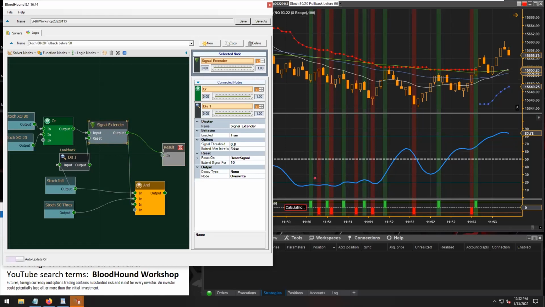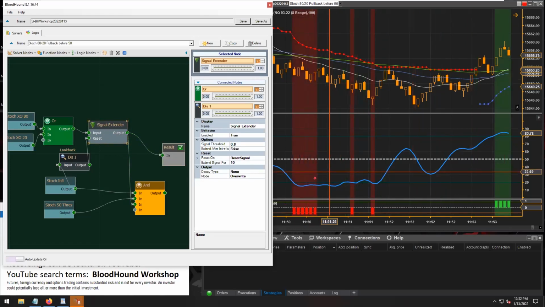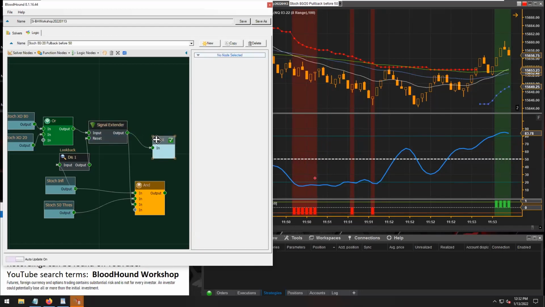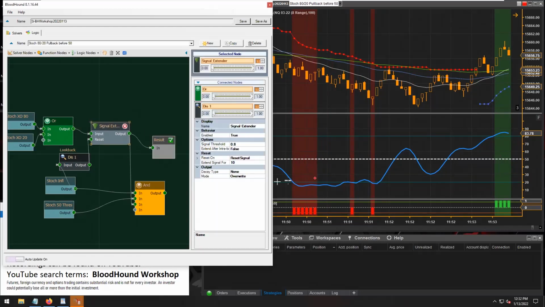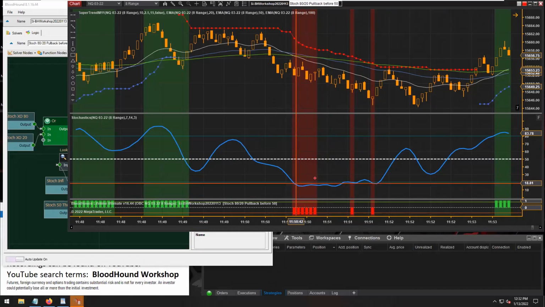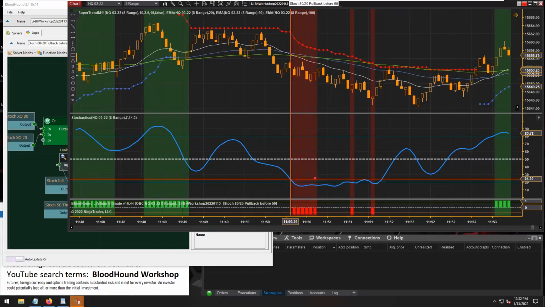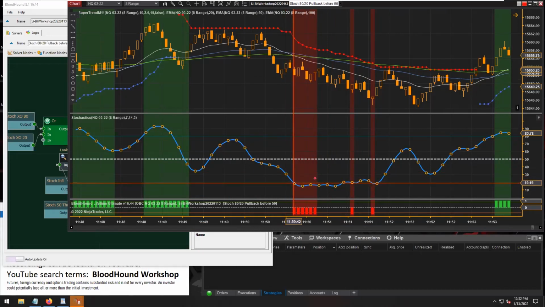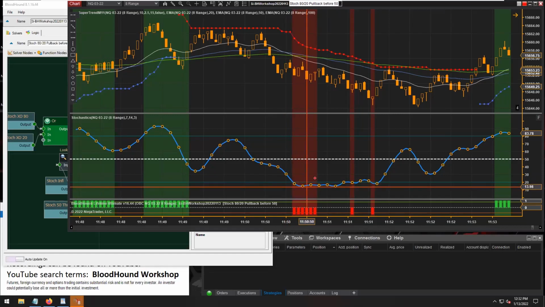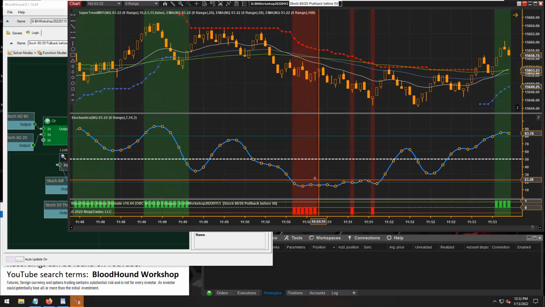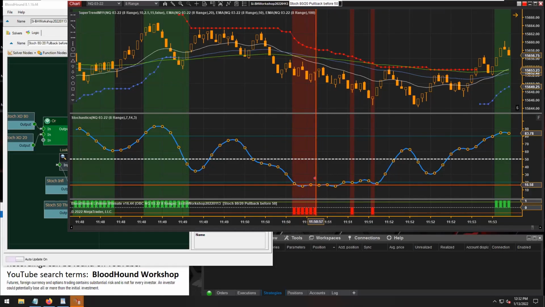So looking at our signal extender, it turns on when the stochastic crosses below 20, and then it gets turned off the bar after the inflection point of the stochastic occurs.